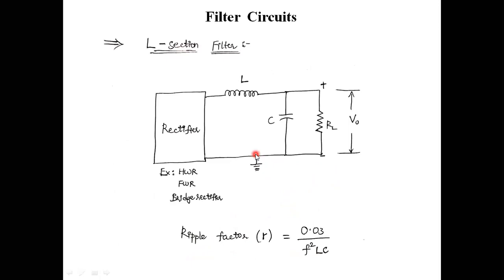The next one is the L section filter, where the ripple factor is gamma is equal to 0.03 by F square LC.